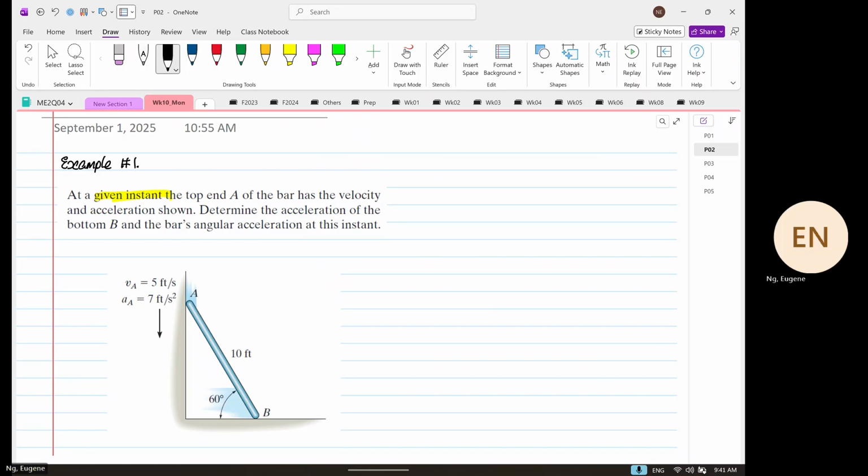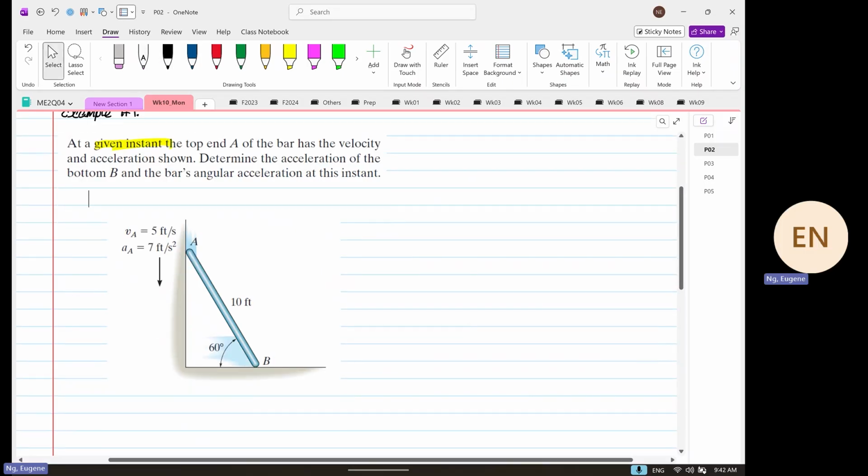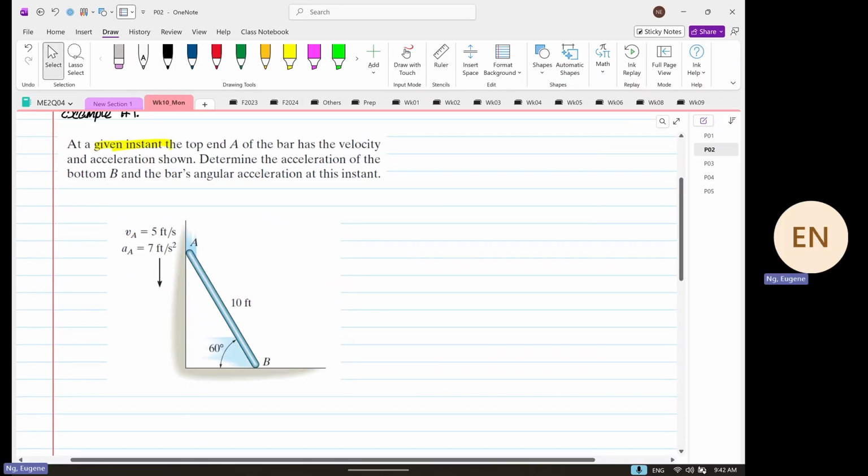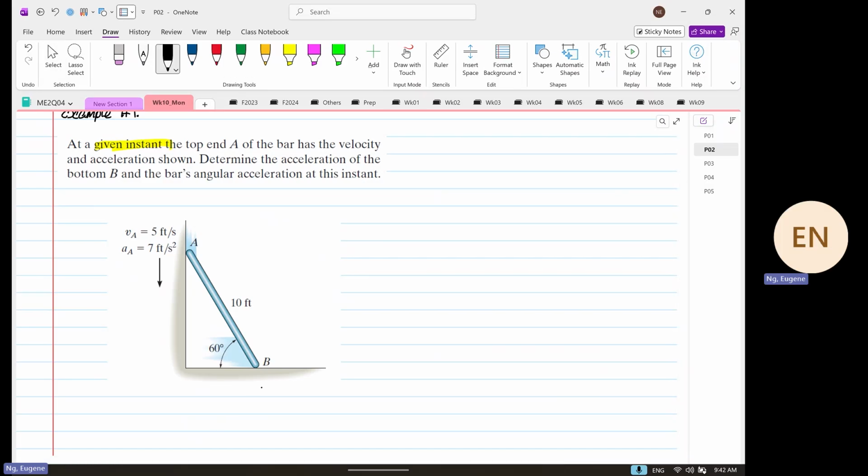Determine the acceleration of the bottom B and the angular acceleration at the instant. So we have to find the acceleration at point B, and also the alpha of AB.